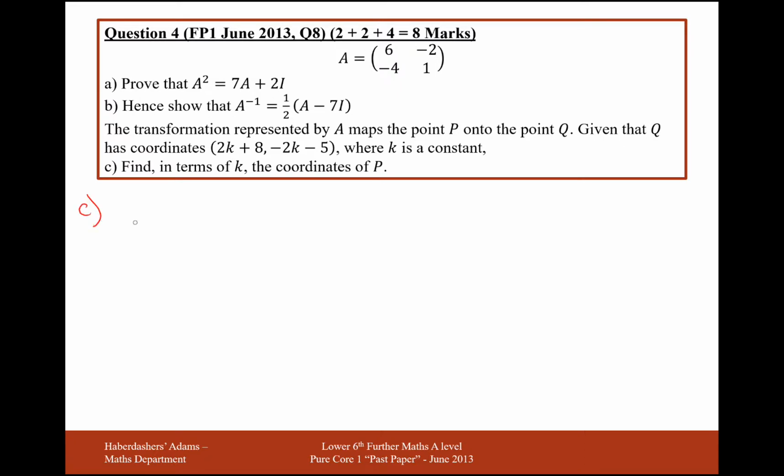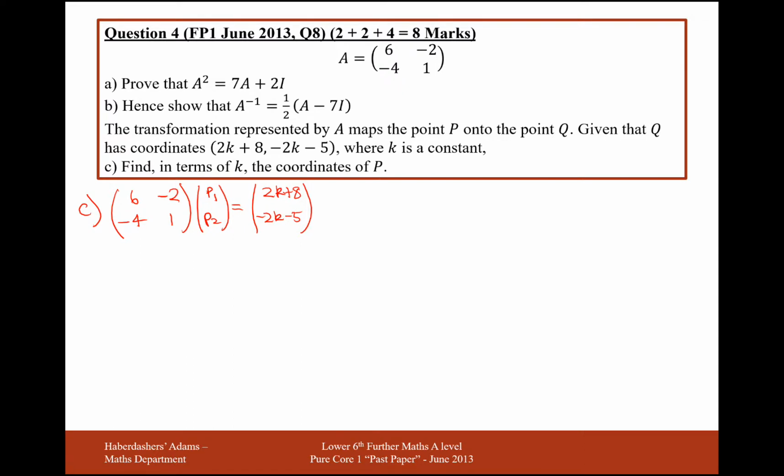Right, okay, so what's happened here is our matrix A has multiplied the coordinate P to get to the coordinate Q, which is 2k plus 8, minus 2k minus 5. So our quest today is to find P1 and P2.